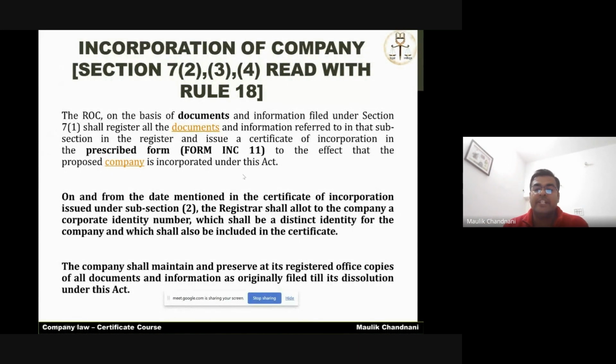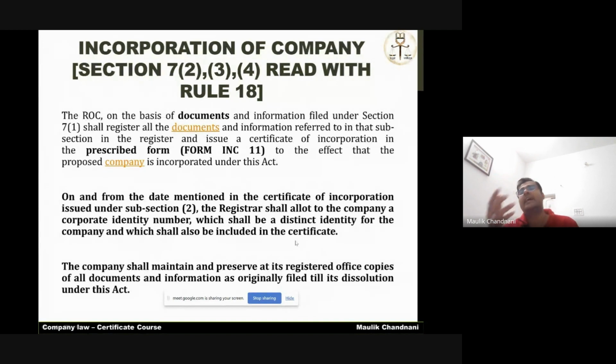From the date mentioned in the certificate of incorporation, the ROC shall allot you the CIN number. Rather, we can say the CIN will be allotted to you, that is the corporate identification number. That is a 21-digit number. It is a unique number for every company, right? And this needs to be included in the certificate of incorporation.